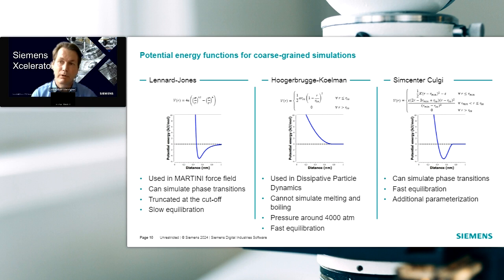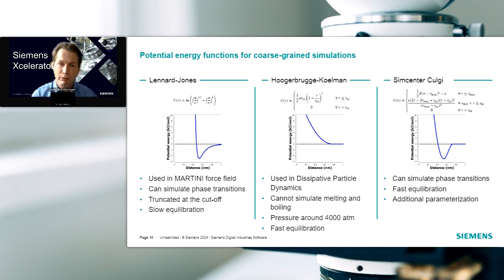But if they come too close together, there's a huge penalty. This works great, and it can be very insightful and very useful technology. The only real drawback is that it's rather slow in terms of the amount of CPU time you need to run a simulation. So basically, accurate but relatively slow.